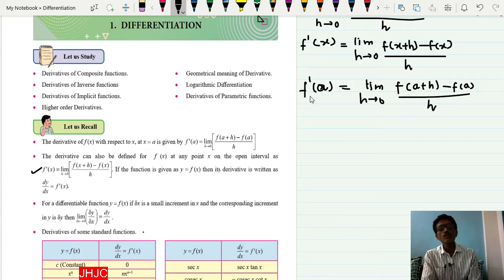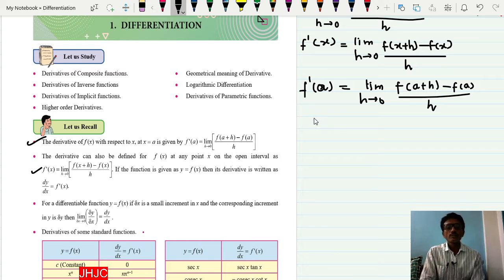Now this limit is called derivative of the function f x at x is equal to a. This is derivative of the function at point x is equal to a. So f dash of a is equal to limit h tends to 0, f of a plus h minus f of a upon h.